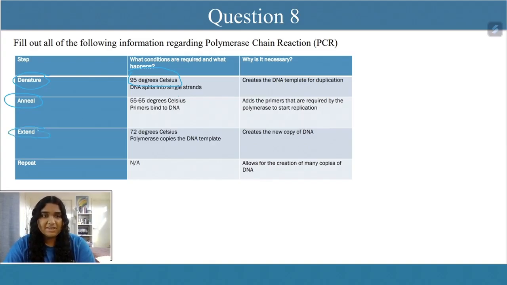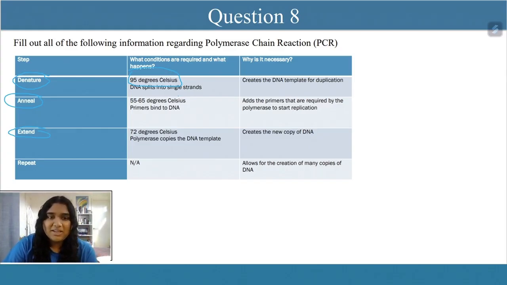Step number 3 is extension. So this time around, if you remember from DNA replication, the enzyme that was doing the actual replication step, so adding all of the complementary bases on, was called DNA polymerase. In PCR, we use a special type of polymerase that comes from a bacteria that's super, super resistant to heat.